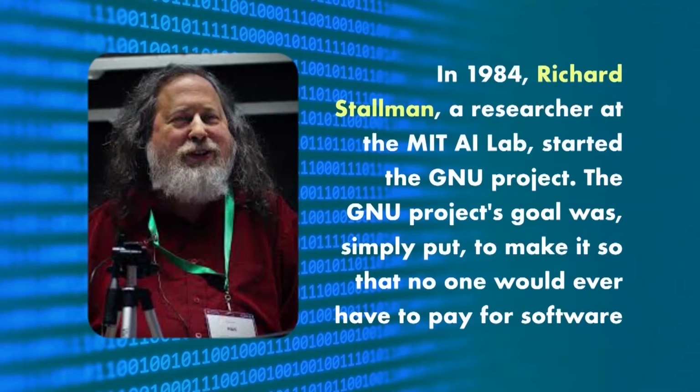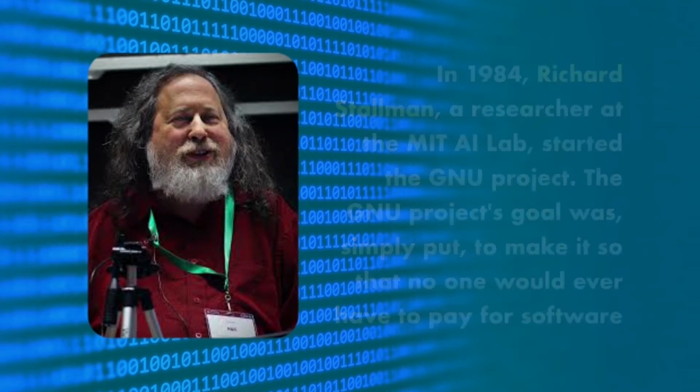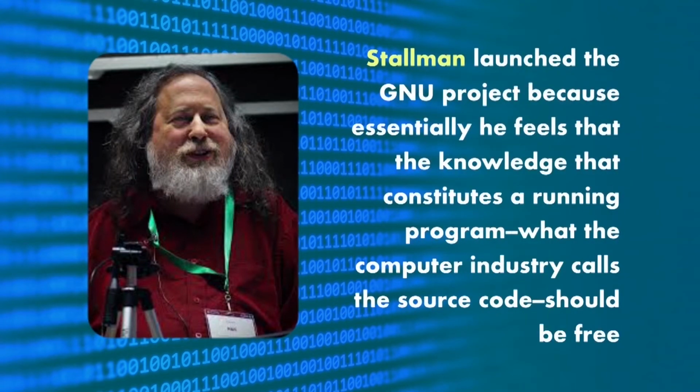But Richard Stallman, a software engineer working at IBM, he left the job, and he was also a researcher at MIT. Then he left the job and started a project called the GNU project. GNU stands for GNU's Not Unix. So he felt that first we need to develop an open source operating system so that other software can be developed on top of it.